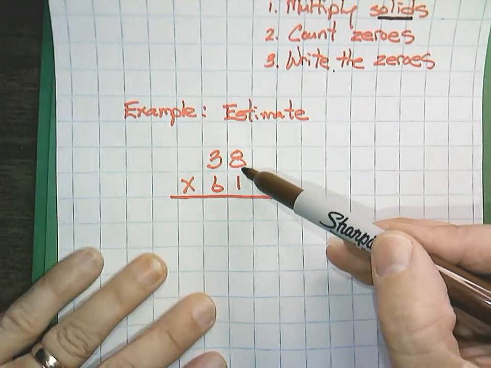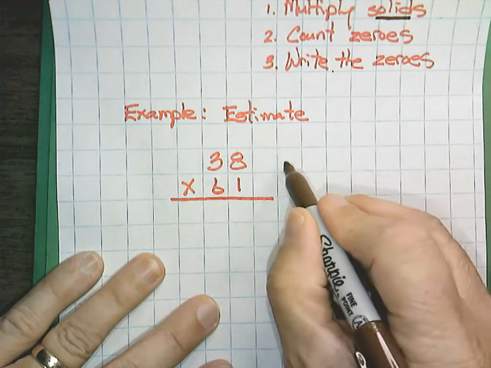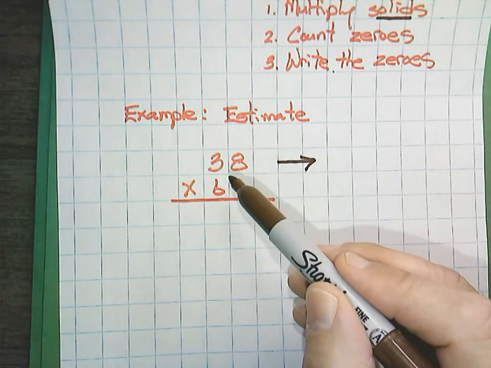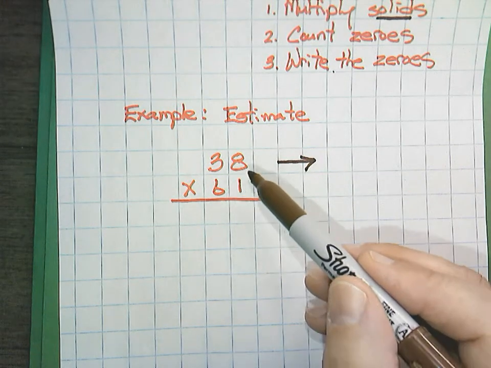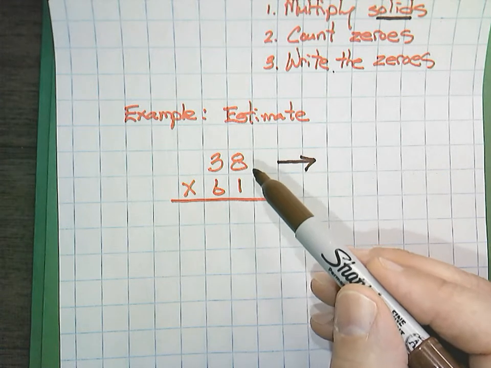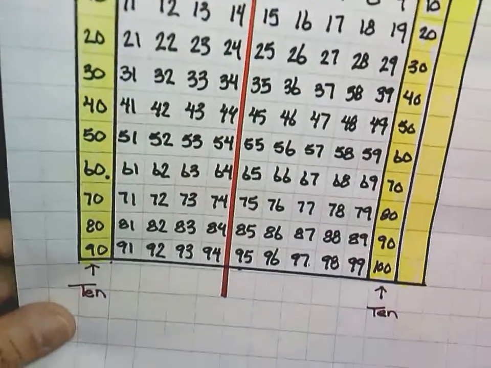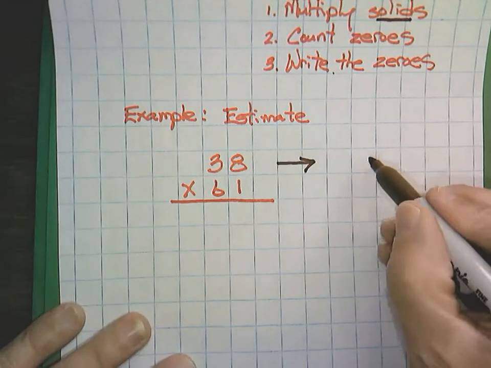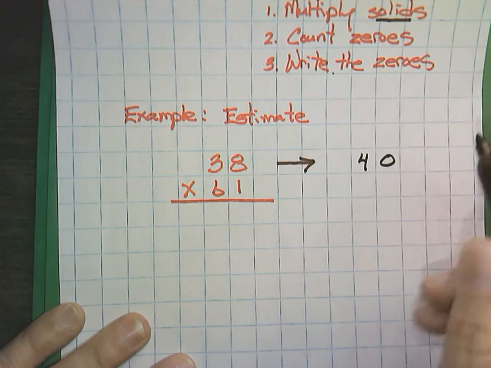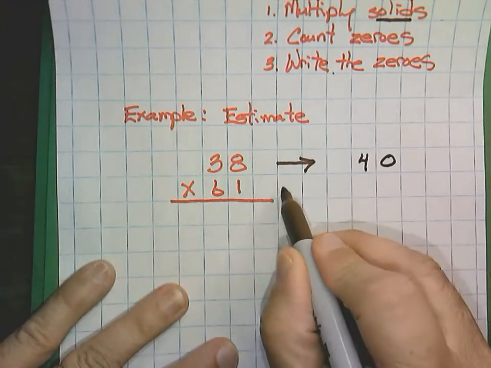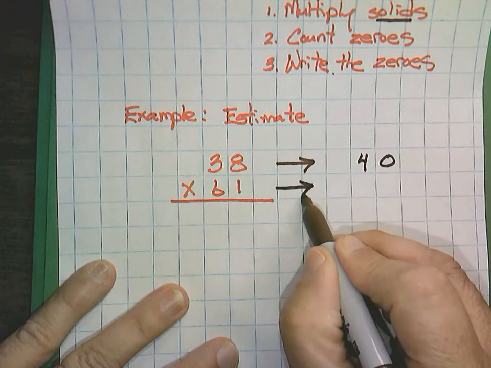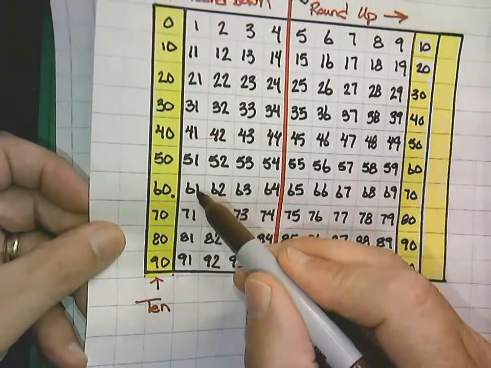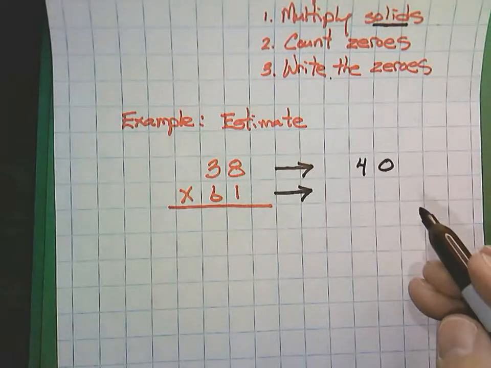Example, estimate 38 times 61. Again, this is a two-digit, so I'm not really going to have to underline and box. 38 rounds to 40. 61 rounds to 60.